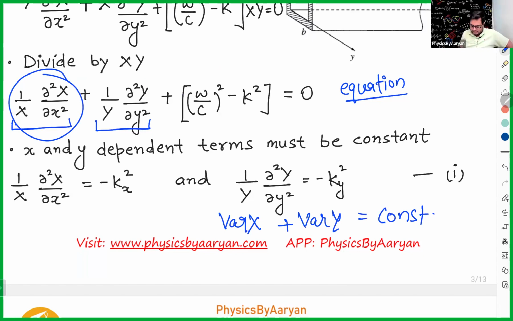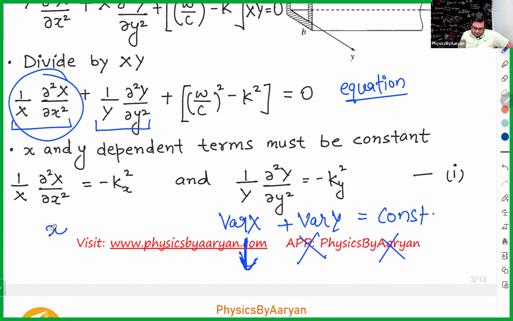So let's say I change my x. So this will change, but this will not change, and this will also not change. How is this happening that this is changing, but the other two are not changing? Is this possible? That of the three terms, only one term changes and the other two do not change. How can this happen? It cannot happen.